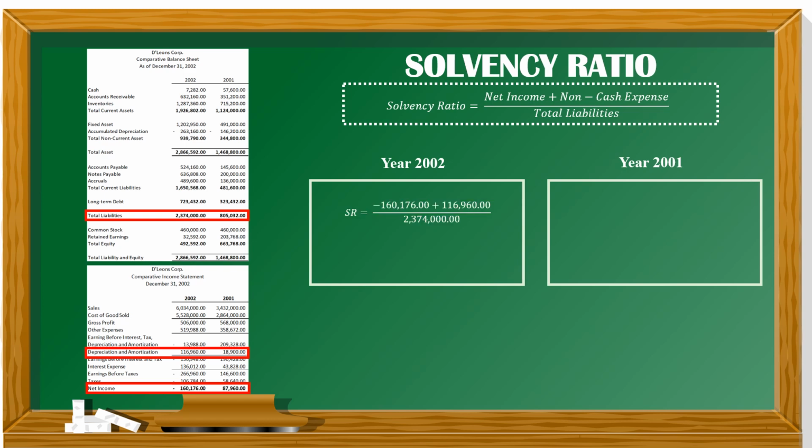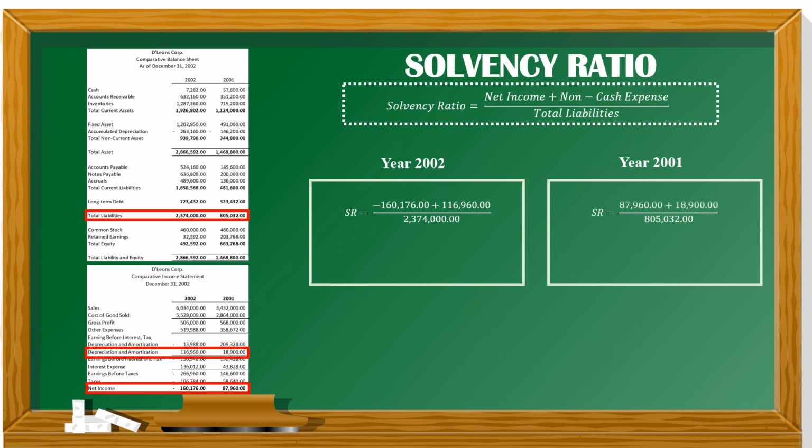First off, we have here the solvency ratio for 2002. For the net income, we have a negative 160,176 plus the non-cash expense or the depreciation of 116,960 divided by its total liabilities of 2,374,000 pesos.